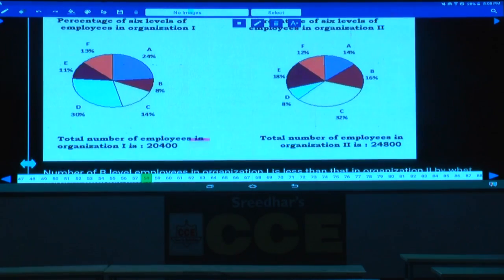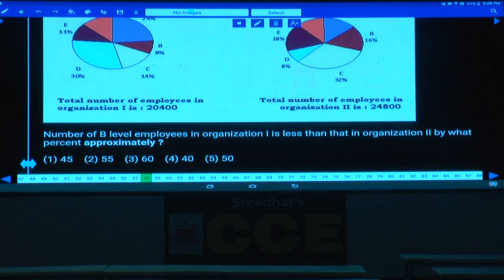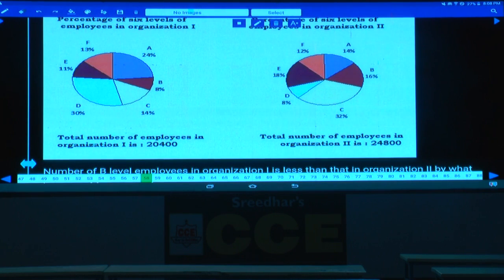Next, 58. The number of B level employees in organization 1 is less than that in organization 2 by what percent approximately? B level employees in the first organization and the second one. B level in the first organization, how much do you have? 8% of 204.